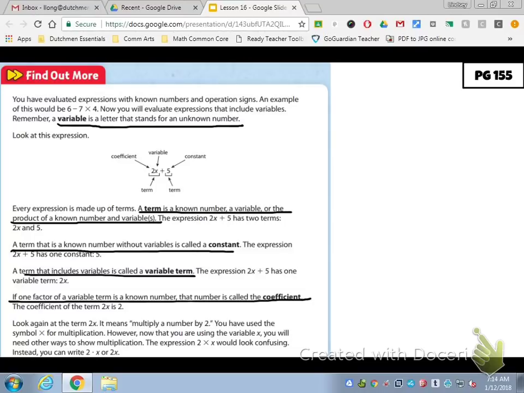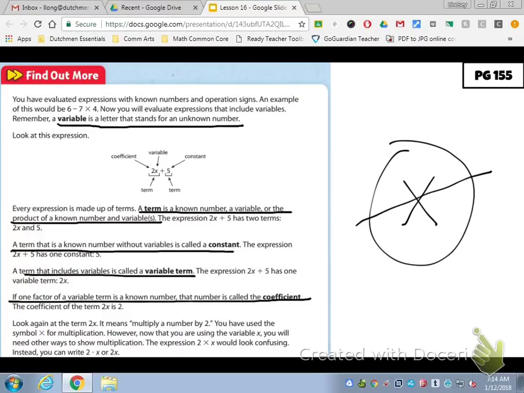So either 2x, or you could do xy, and those would show that it is multiplication. So from now on, no more using this to write multiplication. We've got to start changing that to either the multiplication dot or writing things side by side like this. Okay?